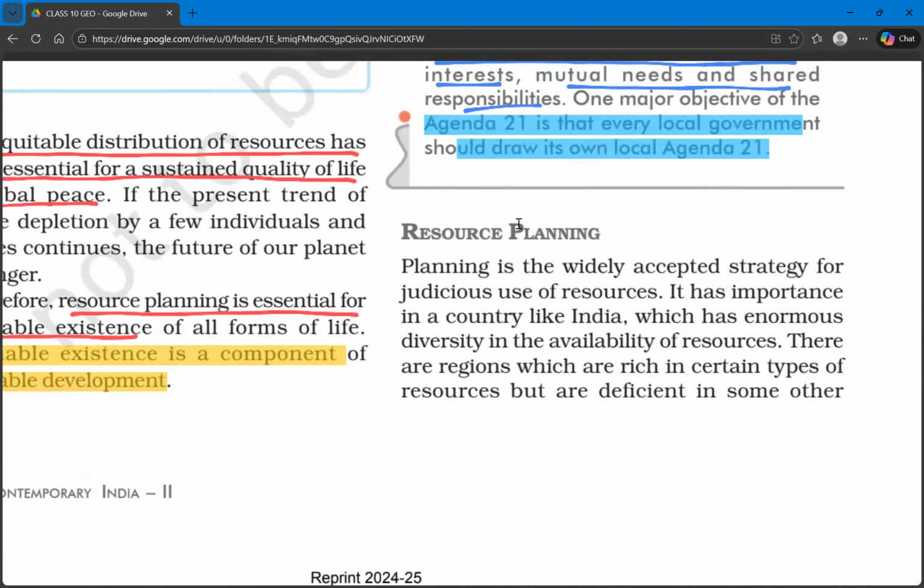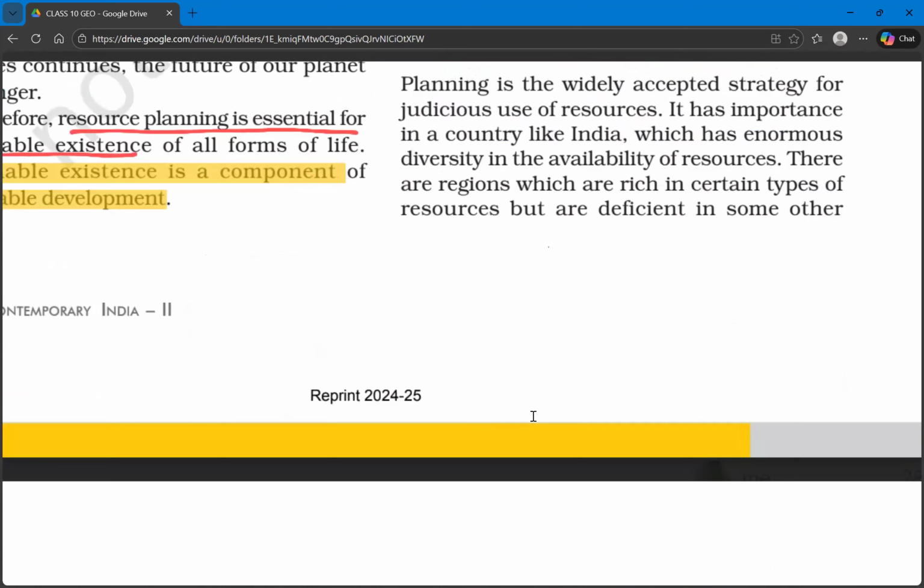It is said that resource planning is essential for sustainable existence. Now we'll look into the details of resource planning and how it should be done. Planning is the widely accepted strategy for judicious use of resources. It has importance in a country like India, which has enormous diversity in the availability of resources. There are regions which are rich in certain types of resources but are deficient in some other resources.